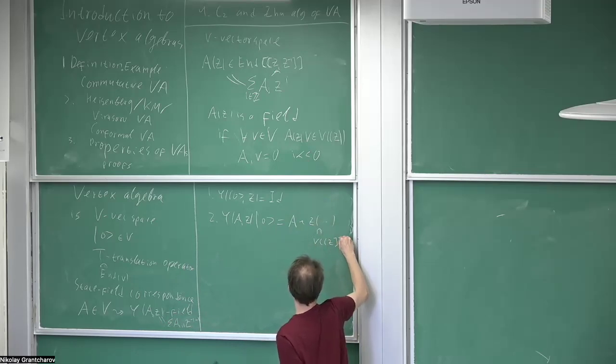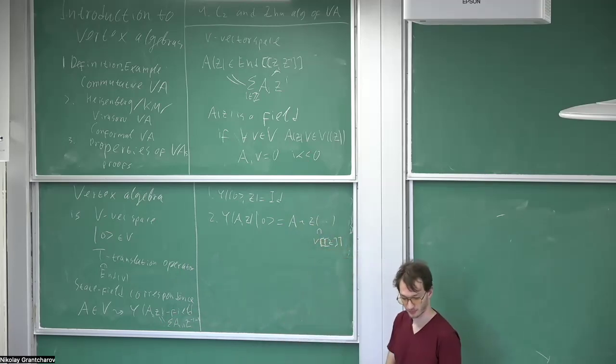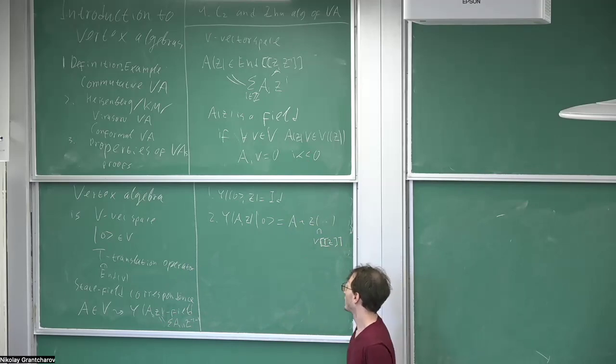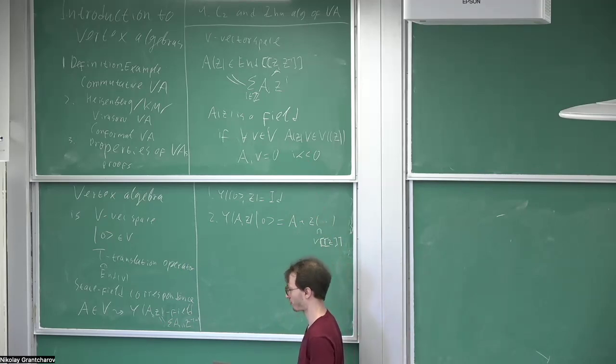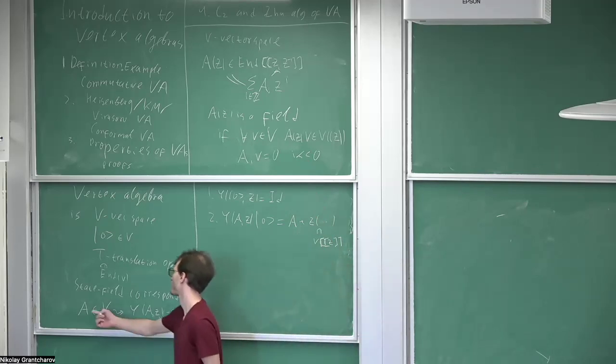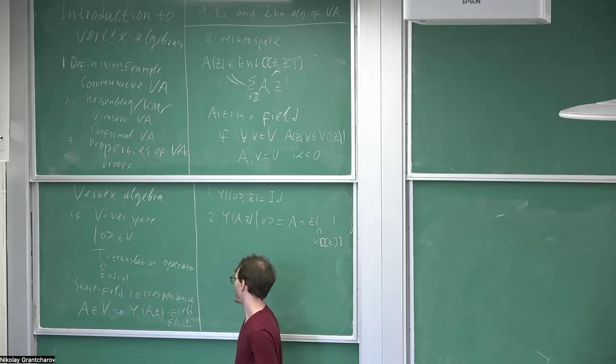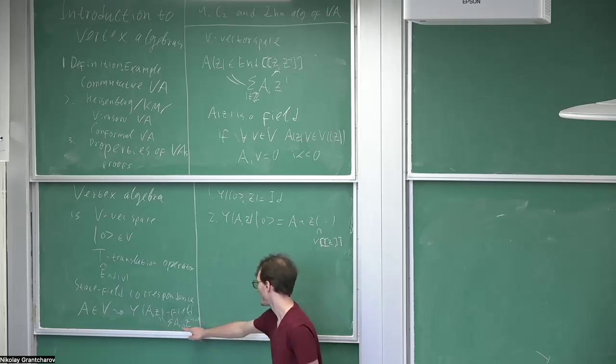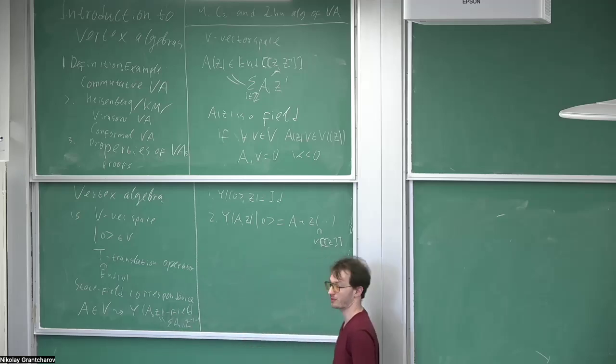Is A an element of V or an operator? Is A a vector or an operator? It's a vector. Oh, I see. Yeah, I use different notation here, but in Frenkel's book it's mostly A. A is a vector and Y(A, z) is a field, and these a_i are endomorphisms.